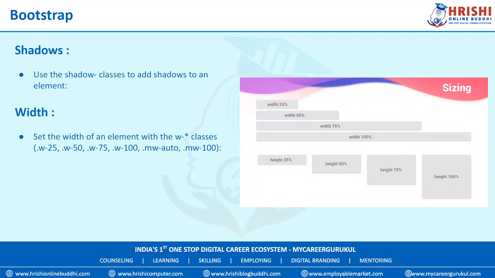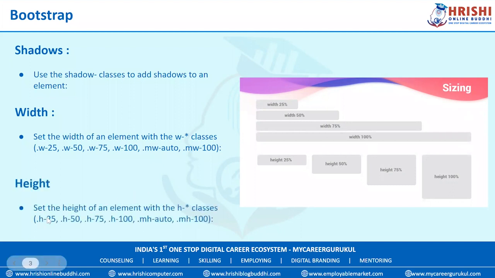Means if the parent width is 100%, then the element width will also be 100%, and maximum width also at the same time. Maximum width 100 means if the particular div has 40% of width, then it will extend to that 40% of the width. So it varies from 25, 50, 75, and 100.